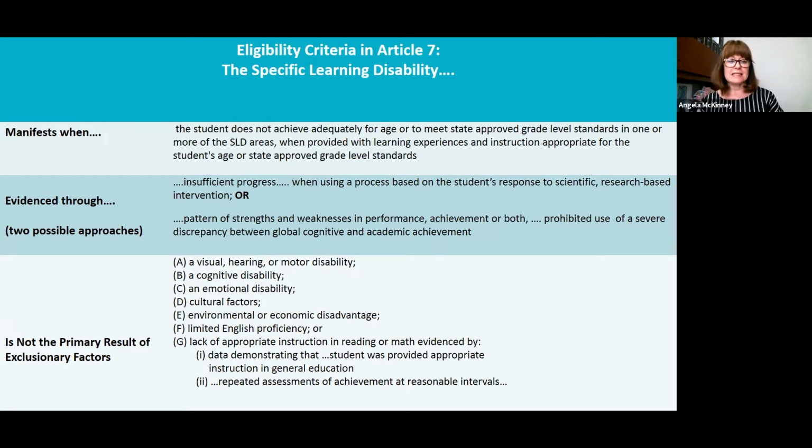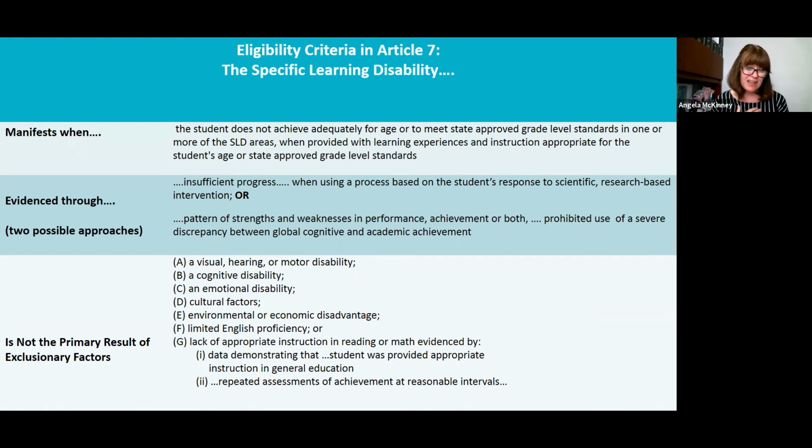So again, it says it's evidence through one of the two methods. And then we have to have all of those things that we factor out, that we say, you know what, these things all could play a part in what's going on. But what it says is, as far as exclusionary factors, that one of these things that's on this list can't be the primary reason that the kid is struggling, right? I could still have some visual problems and have a learning disability.